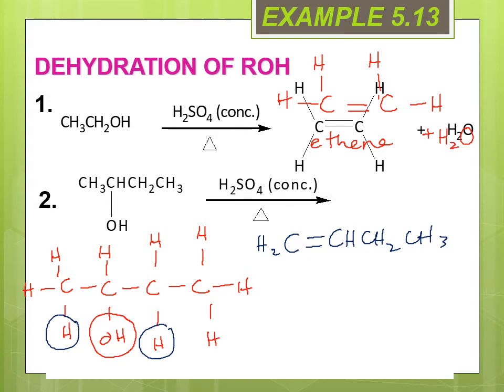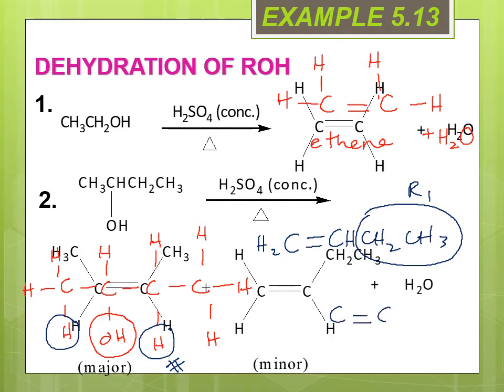It means that this alkene is going to have only one alkyl group, R1. But if we take this hydrogen, we are going to produce the double bond between carbon number 2 and carbon number 3. So what happened is we are going to produce one alkyl group here and also one alkyl group here.